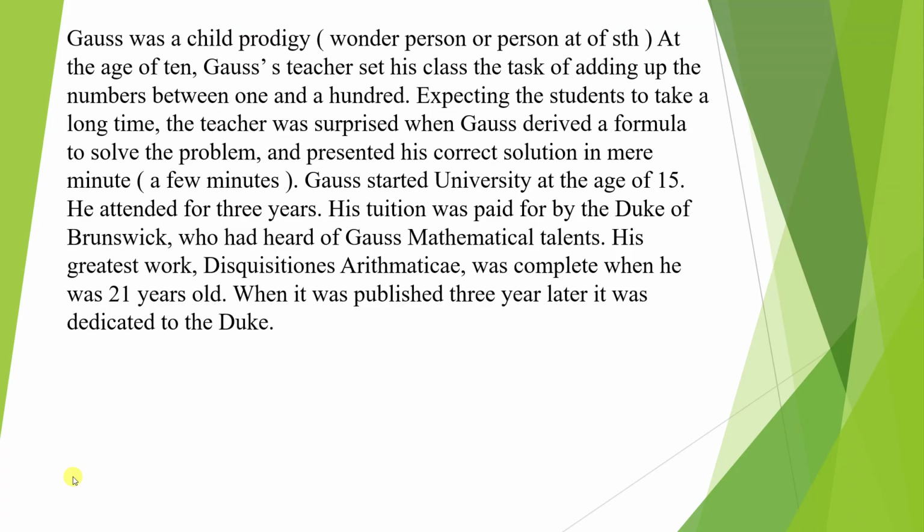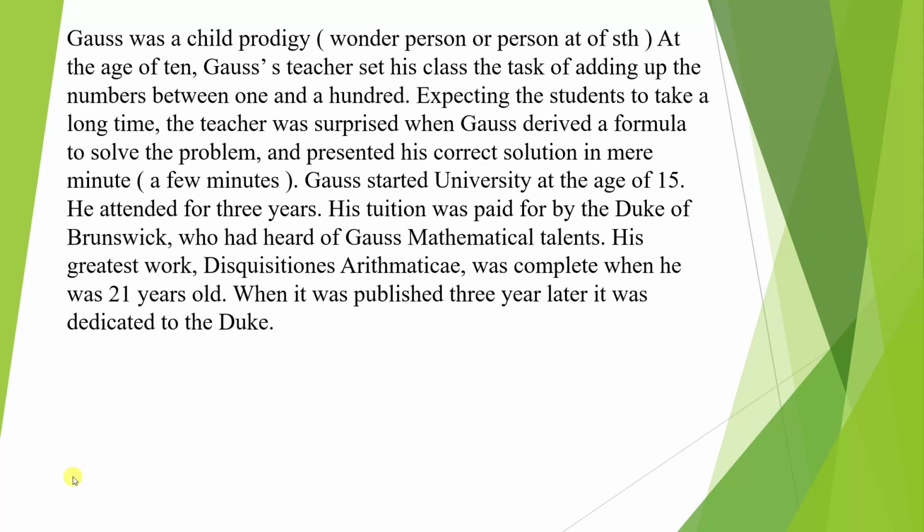At the age of 10, Gauss's teacher asked his class to add up the numbers between 1 and 100. Expecting the students to take a long time, the teacher was surprised when Gauss derived a formula to solve the problem and presented his correct solution in a few minutes. Gauss started university at the age of 15 and attended for 3 years.